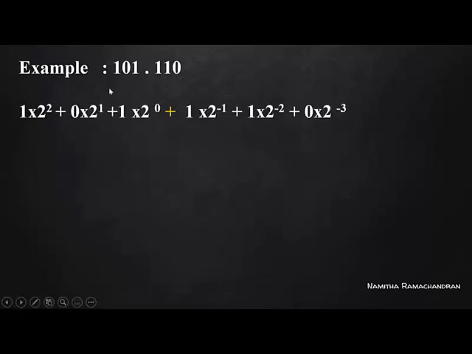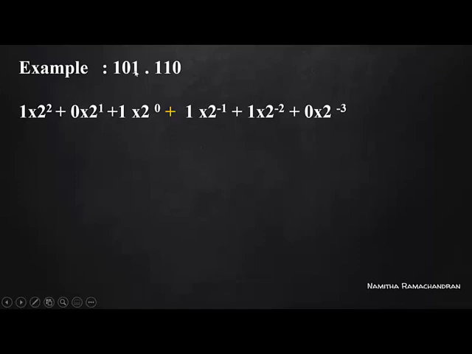Consider one more example, but here it is a number containing a fractional part. The whole part is 101 and the fractional part is 110, again in the binary system. We can evaluate its decimal equivalent using the same method.